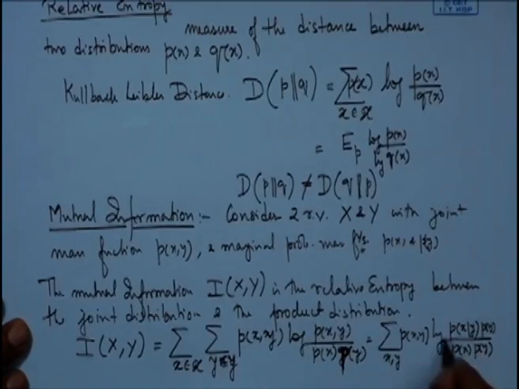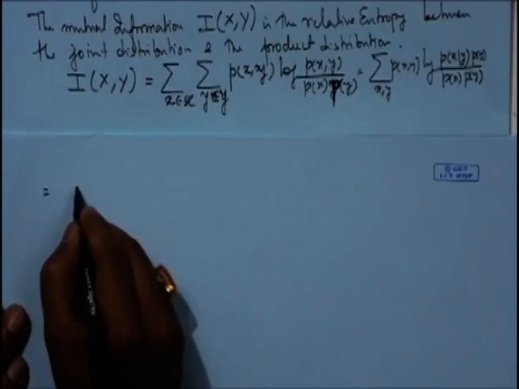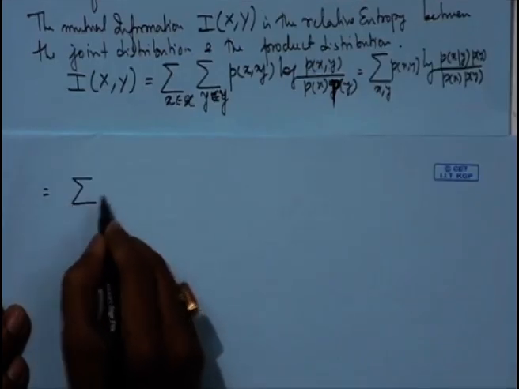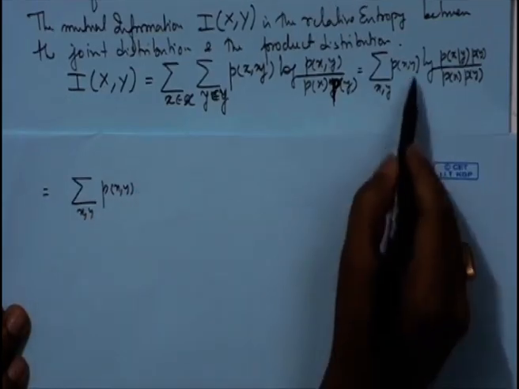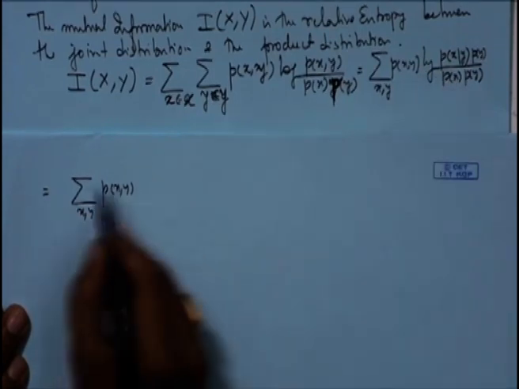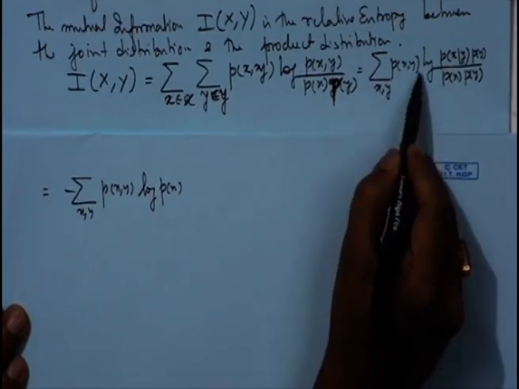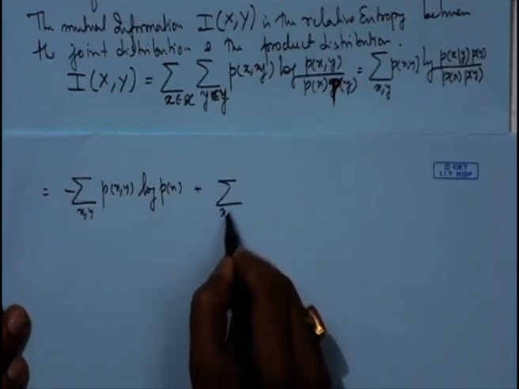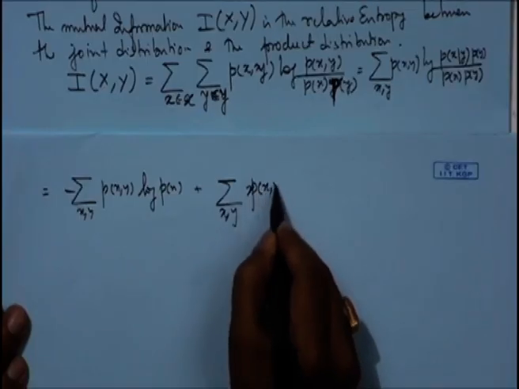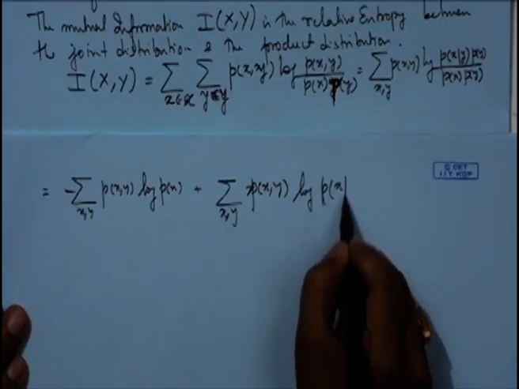P of y and p of y cancel. So we could write this further as sum over all xy pxy times, since px is in the denominator, minus log px, plus sum over all xy p of xy times log of p x given y.